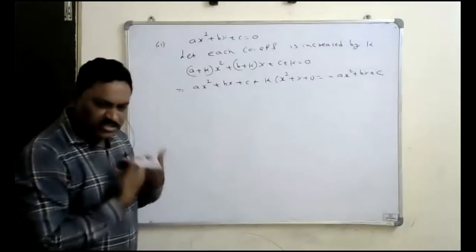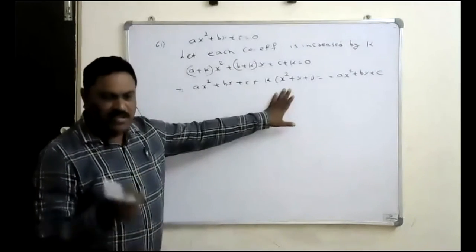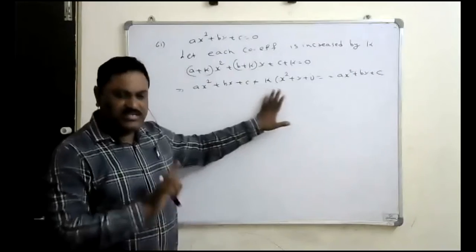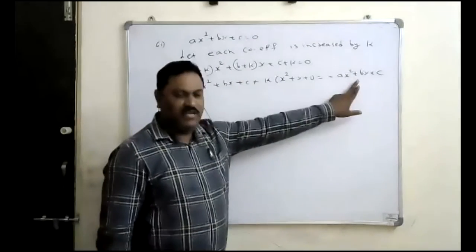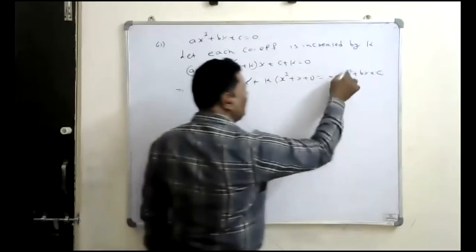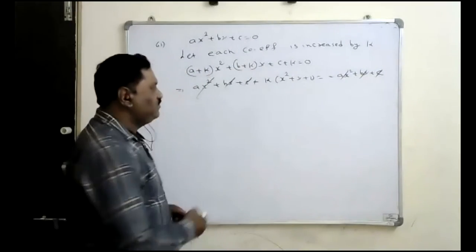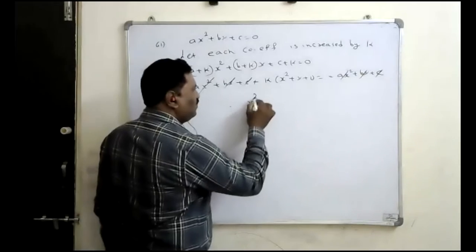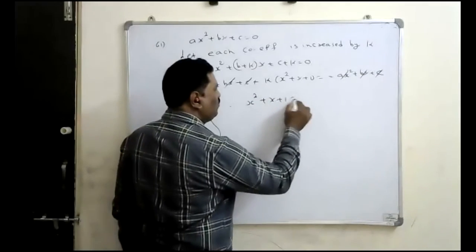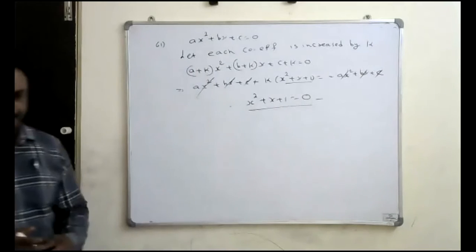This is the new equation we are getting, but they are saying that the equation is not changed, which means it is equivalent to the given equation only. If you equate them, ax square, bx and c get cancelled. Therefore, x square plus x plus 1 is equal to 0. This term becomes 0. This is the answer.